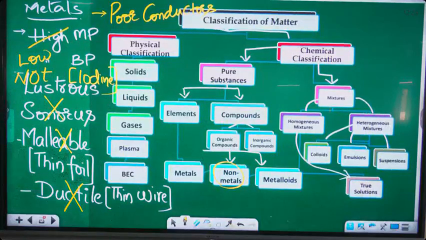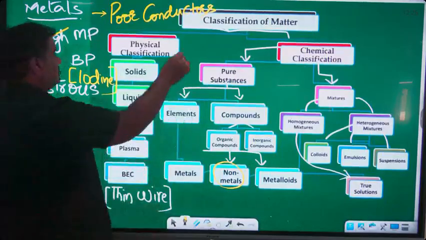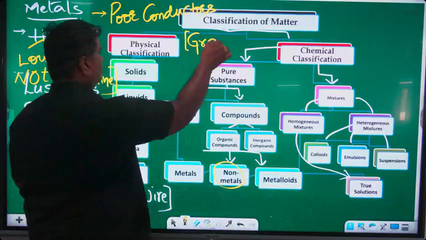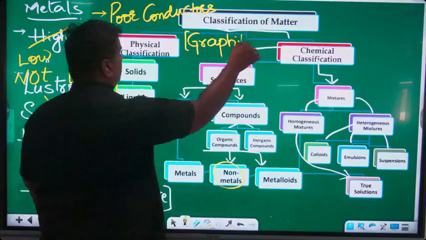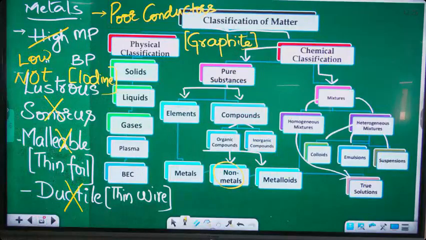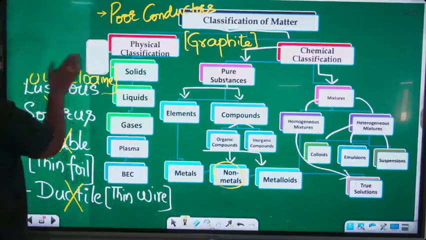Whether heat or electricity, in general they do not allow it very well. So that is why we say poor conductors, but we did not use the word insulator. Non-metals are poor conductors of heat and electricity, in the brackets except graphite. Within the brackets except graphite.